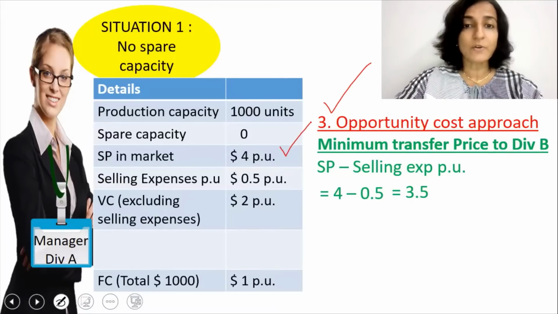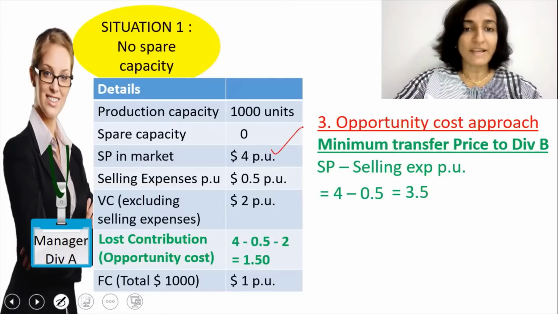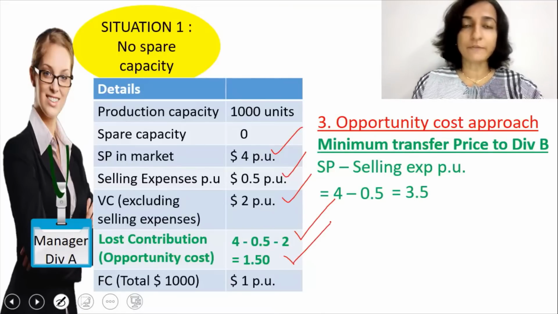So we have the selling price at $4, and the variable cost is divided into two parts. One is the selling expenses per unit, and the other one is a variable cost per unit. So the lost contribution or the opportunity cost will be 4 minus 0.5 minus $2. So that's what I've written here, which is equal to $1.5 per unit.